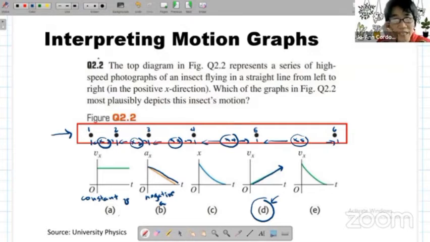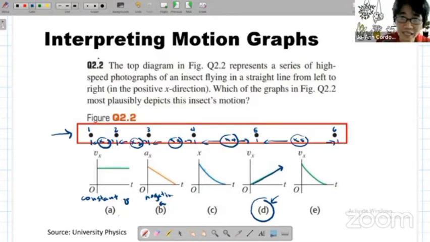How about letter C? Bakit hindi tama si letter C? Why is letter C not correct? Because? Opo.